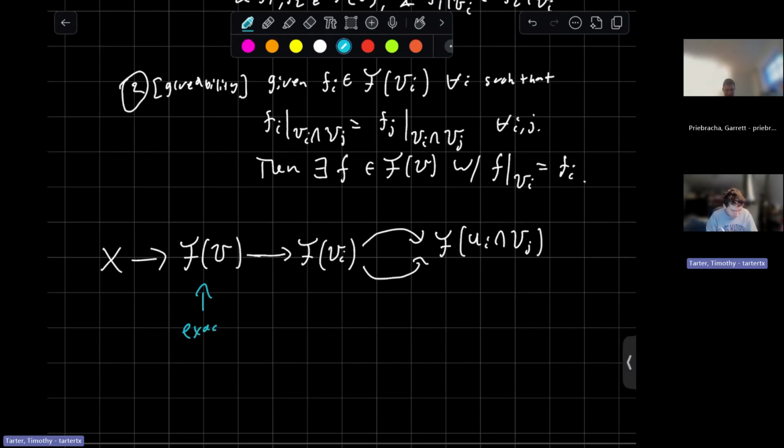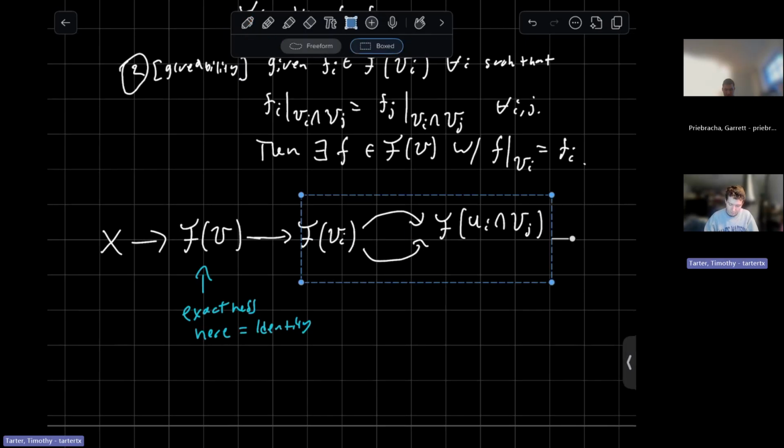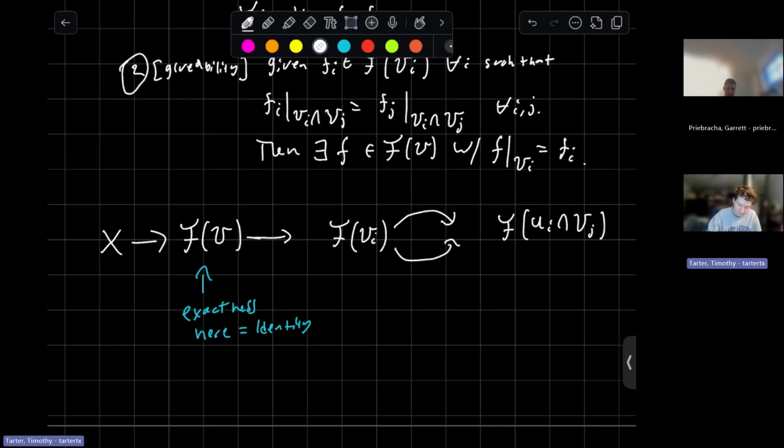So exactness here equals identity. And then gluability is exactness at, oh, did I not draw the product in? Okay. So the product, and here, exactness here is equal to gluability.